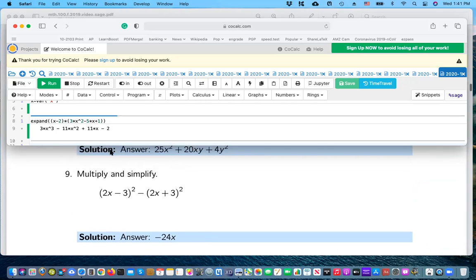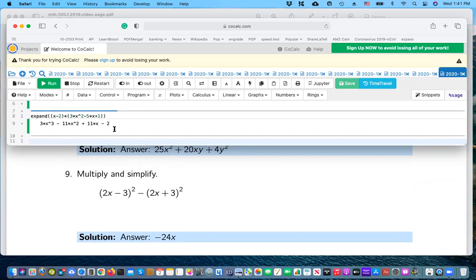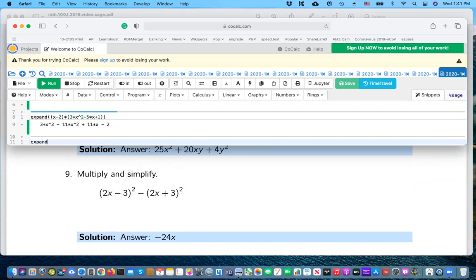I'm going to do number 9. All right, and I'm going to try to remember, expand. And what do I got? I have 2x minus 3. I'm just typing. Squared minus, whoops, I made a mistake, didn't I? It can't be 2x. It has to be 2 star x minus 3.